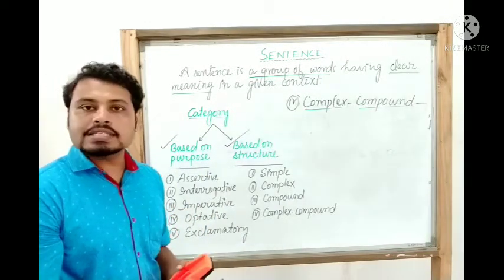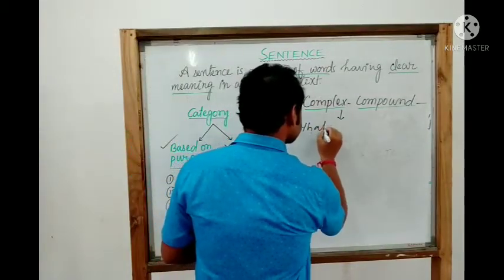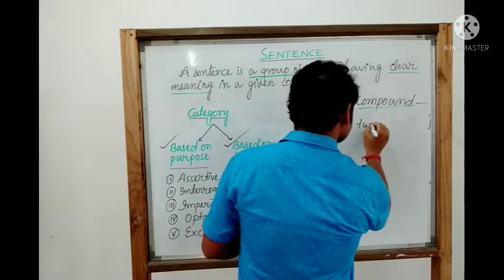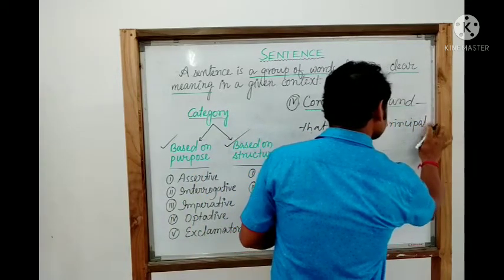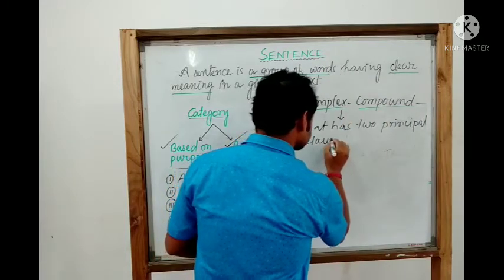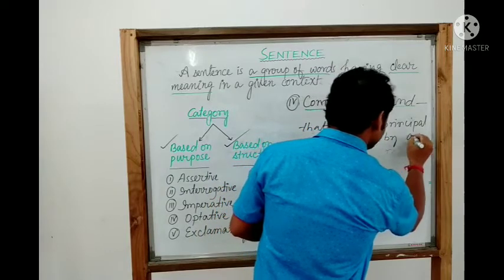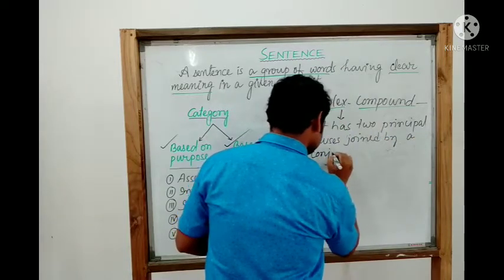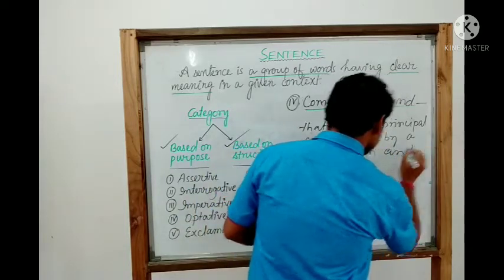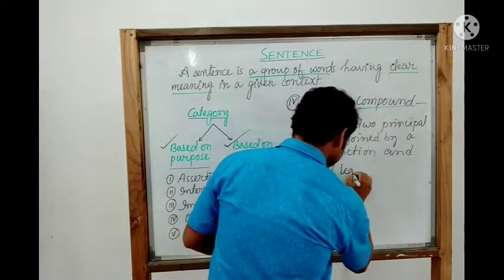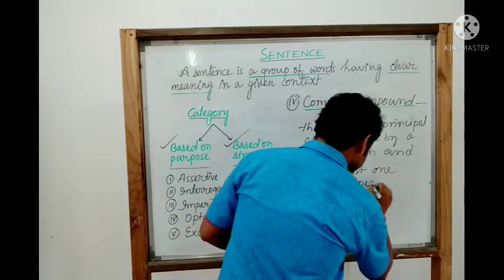So let us know what this is. It means a sentence that has two principal clauses joined by a conjunction and at least one dependent clause.